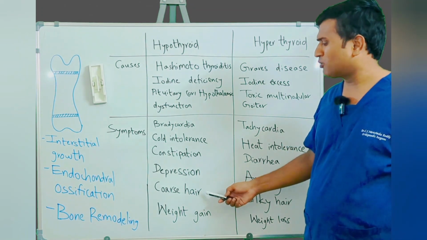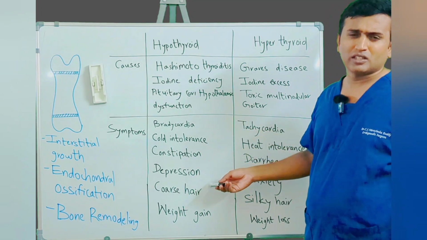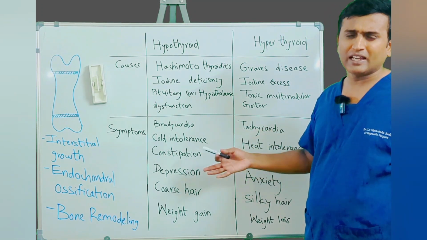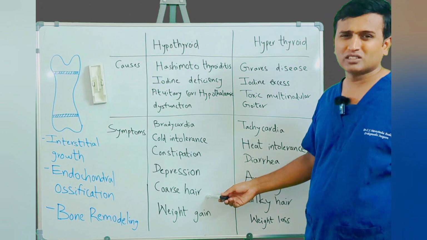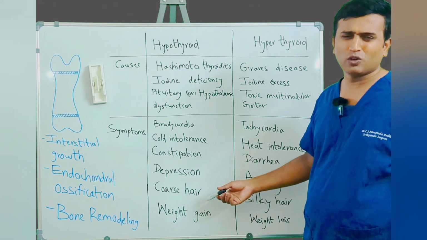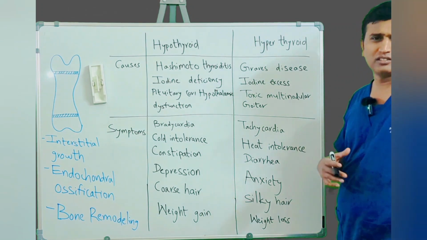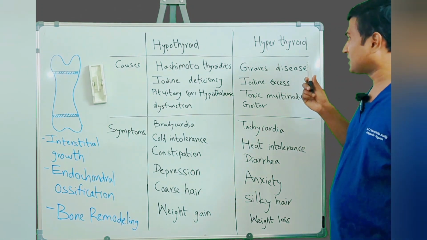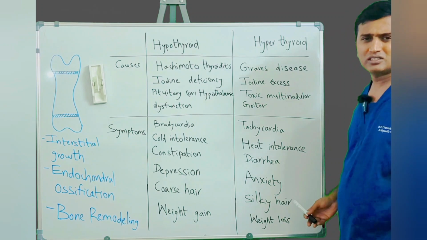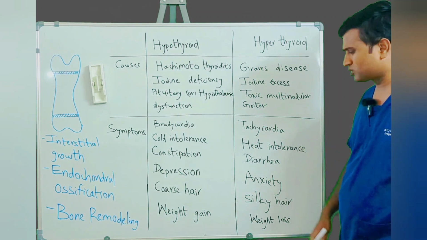Whenever we have less thyroid hormone, that is in a hypothyroid condition, that causes thickening of the hair, which we call coarse hair. And in hyperthyroidism, that causes silky hair or even hair loss.